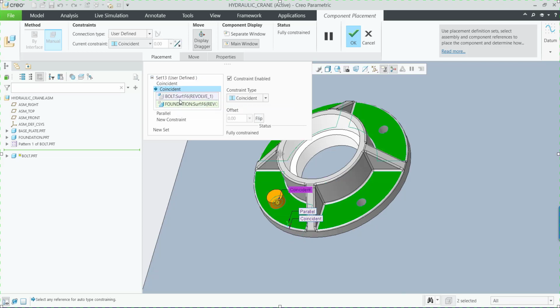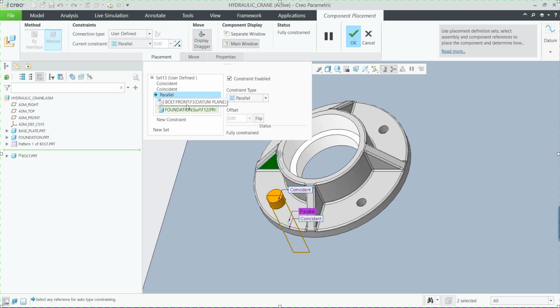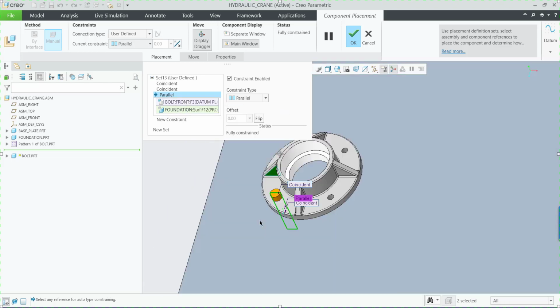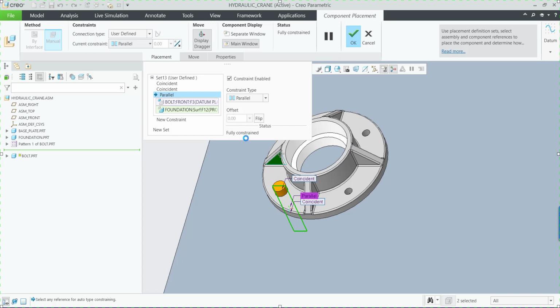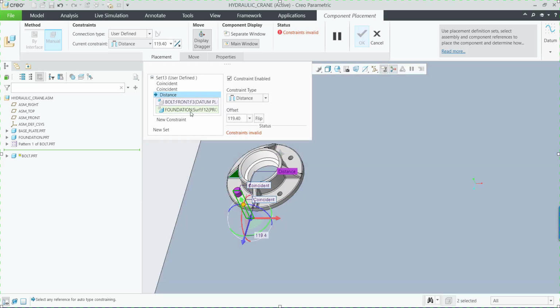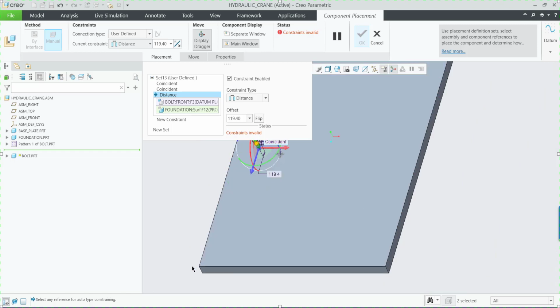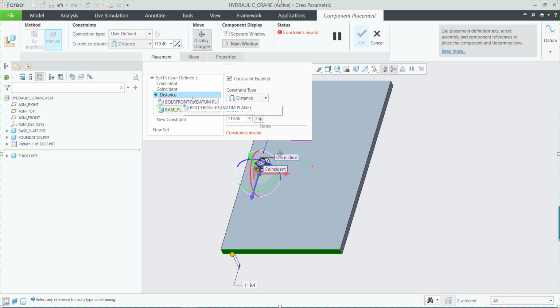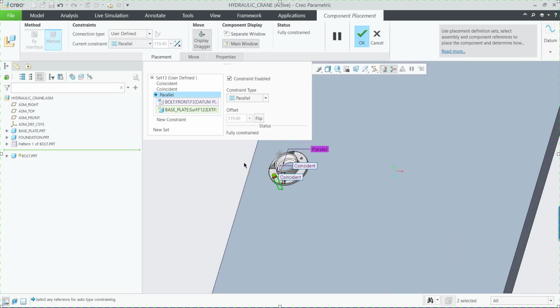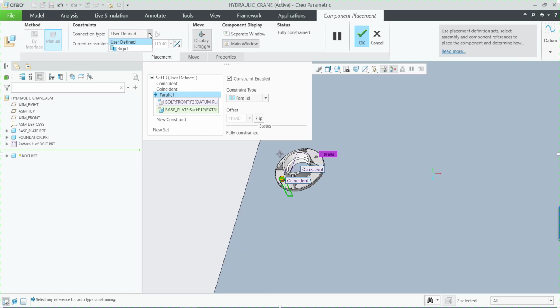Then there is a matching between the flat face of the bolt head and the top flat face of the foundation, and then there is one parallel constraint between one plane from the bolt, the front plane, and a similar parallel surface, so that has to be this surface. In this way the bolt.prt is fully constrained, and we can just convert all three constraints to the rigid connection.